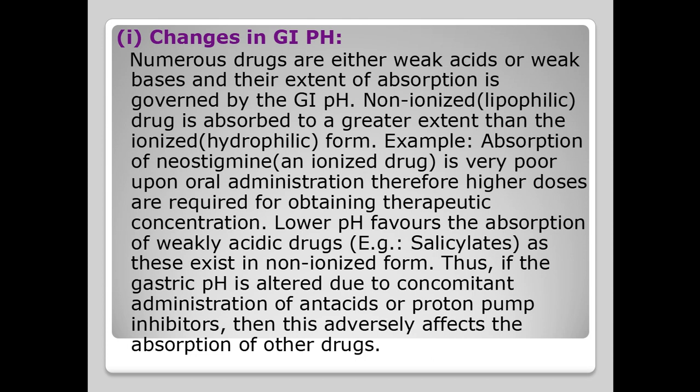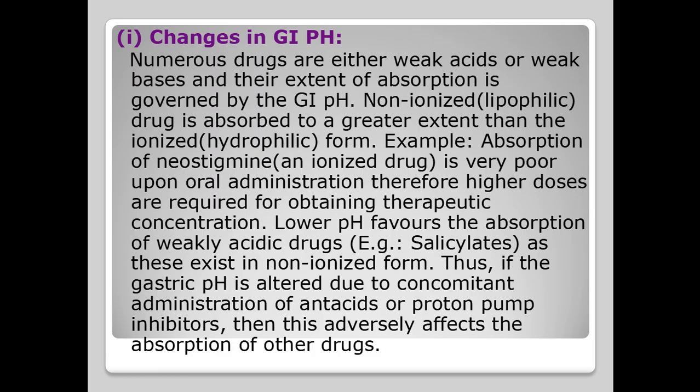Thus, if the gastric pH is altered due to concomitant administration of antacids or proton pump inhibitors, then this adversely affects the absorption of other drugs. What do antacids or proton pump inhibitors like pantoprazole do? They increase the gastric pH. They reduce the acidic content of the stomach and increase the gastric pH.